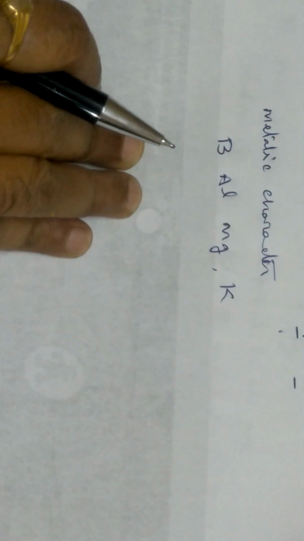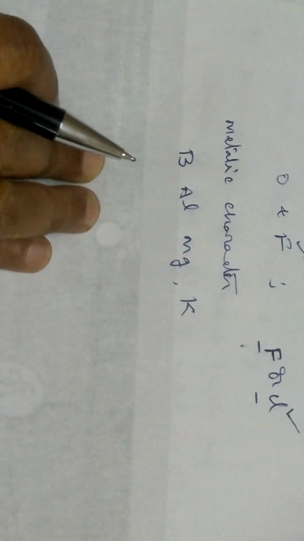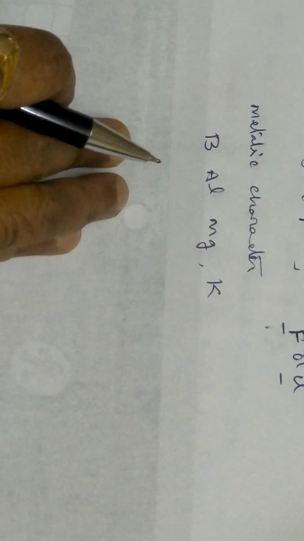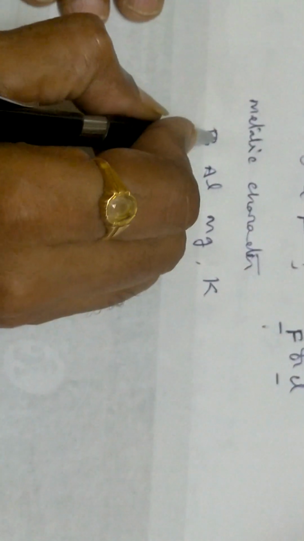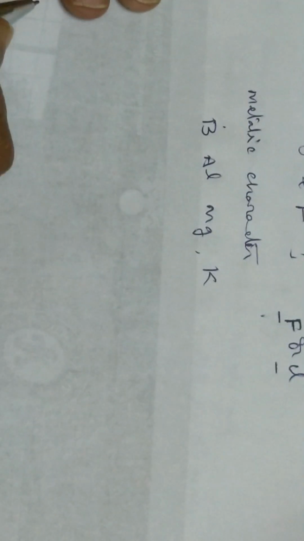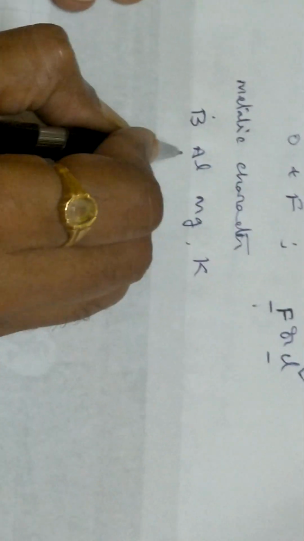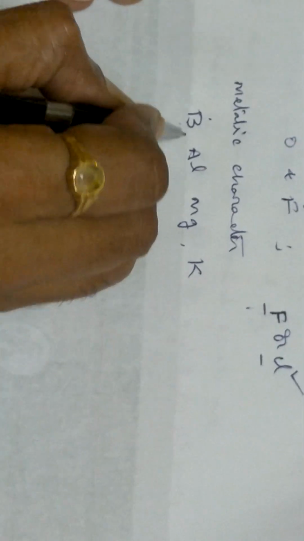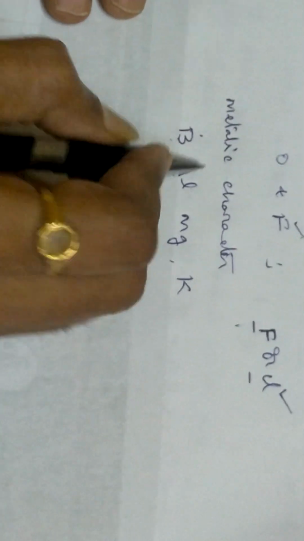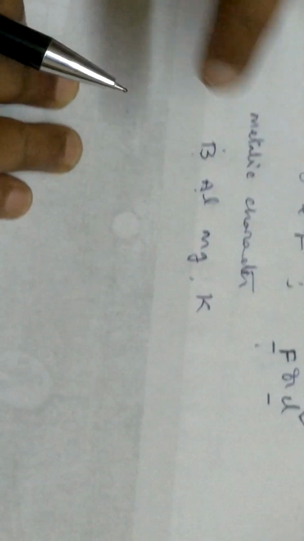Left side are all metals, up to the transition elements and all. Right side, the P block, are all non-metals. So boron is non-metal. Then aluminum is better than boron, because from top to bottom metallic character increases.